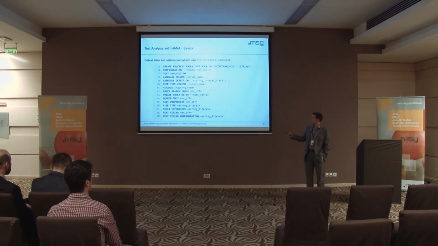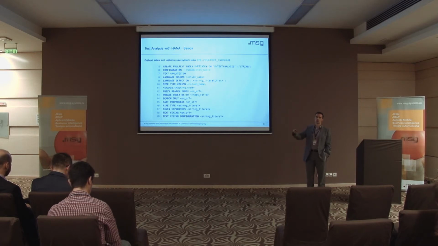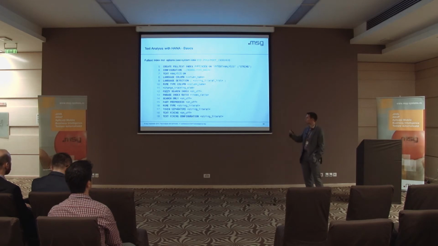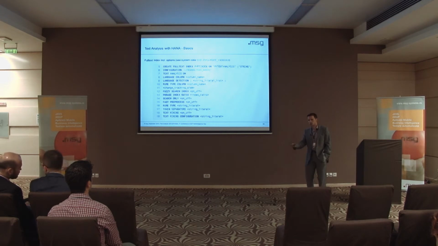Then you also can specify the languages or the language column, so the column in which a language is located, in order to go to the right dictionary, because internally the system has to know which language the text is written in, in order to take into account the right dictionaries to extract the right entities.